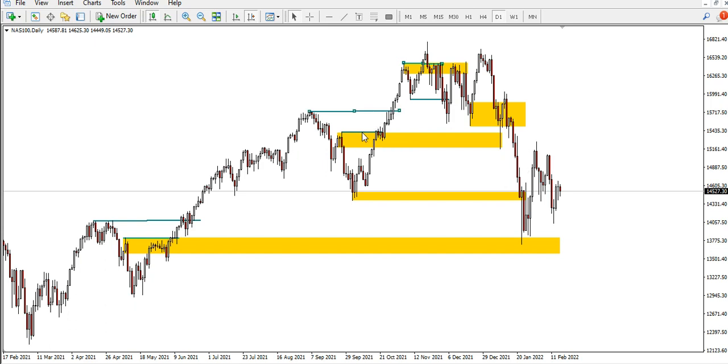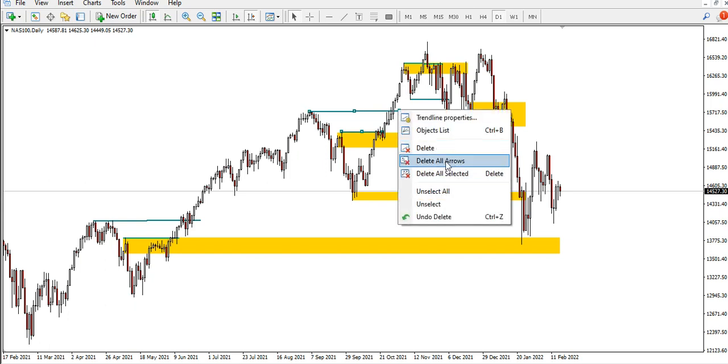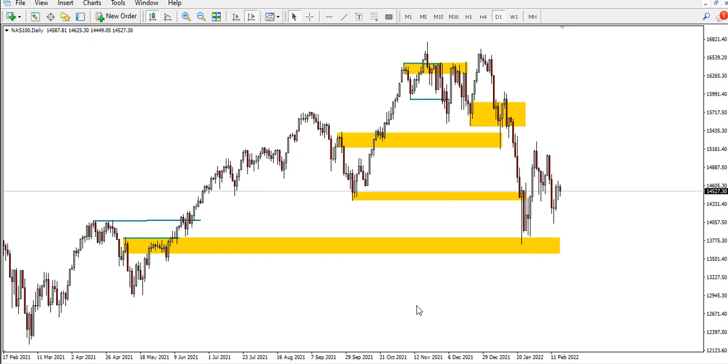These 1, 2 breaks of market structure are invalid now. However, these 1, 2, they are very much valid. So what do we do from here?